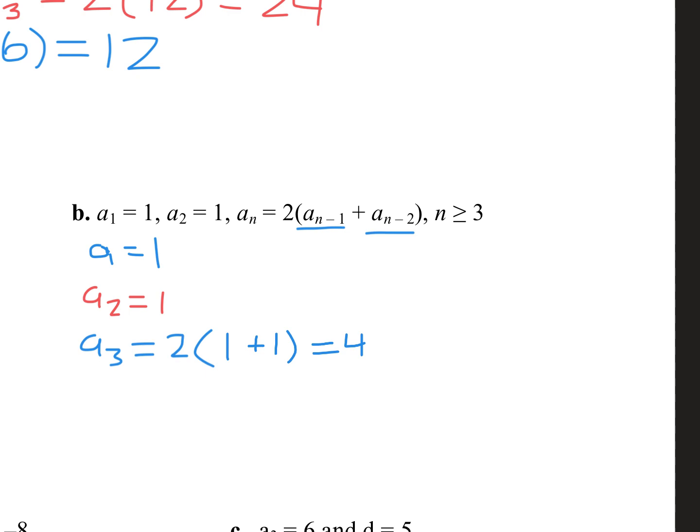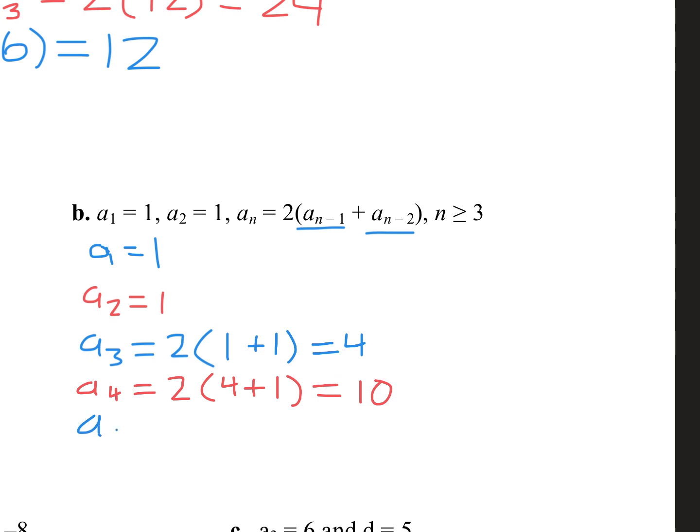This one should be a little more clear, although A5 will probably be the best one. To find A4, we do 2 times A3 plus A2. So 2 times 5 is 10.